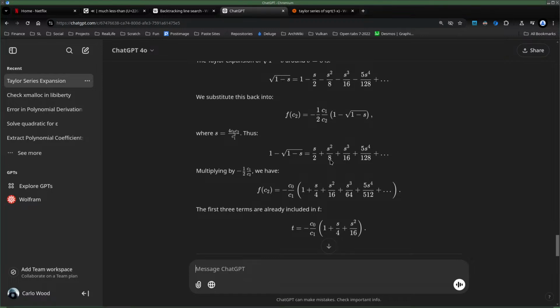And the 8 becomes 4, the 16. It completely lost what it's doing here. Yep. Well, this one is just still correct. 128 divided by 2, 64. Yeah, this should be an 8. It's not good with calculating stuff.